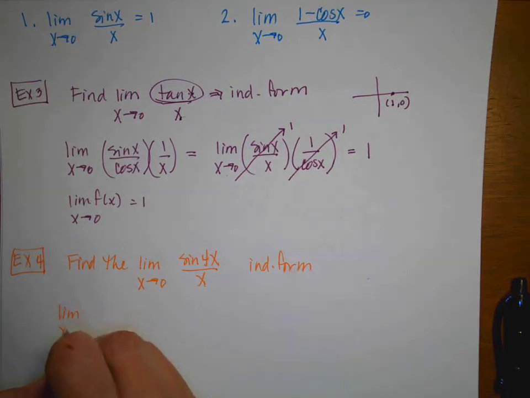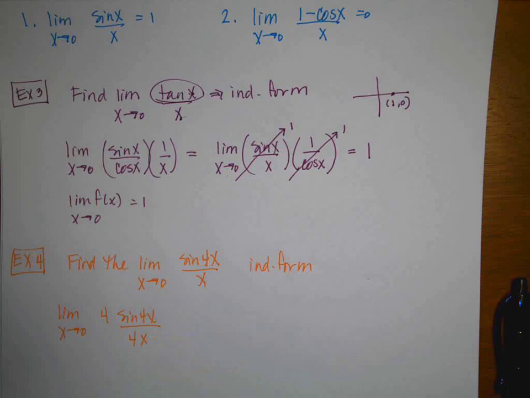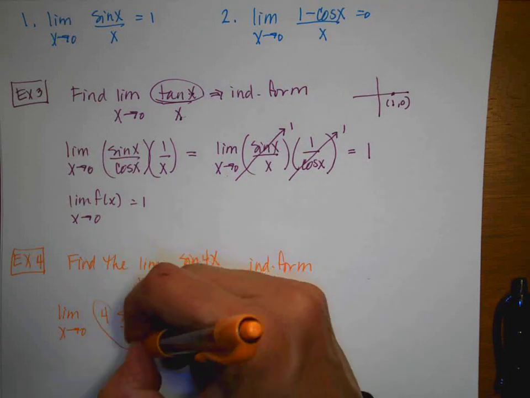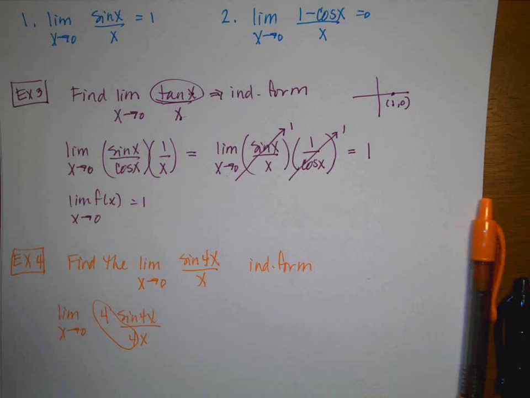So I'm going to be a little bit creative, and I'm going to introduce a 4 on the top, which means I can also introduce a 4 on the bottom. And this is 1, so I haven't changed the value of the equation, I've just manipulated it a little bit.